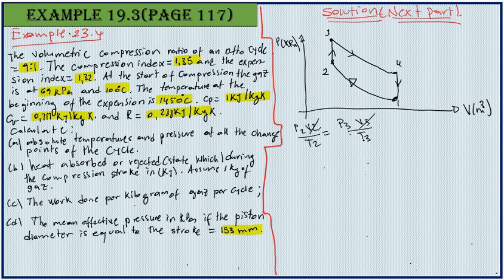We just need to cross multiply. So we can say P3 T2 is equal to T3 multiplied by P2. From this relation we can determine P3. So P3 is T3 P2 over T2.